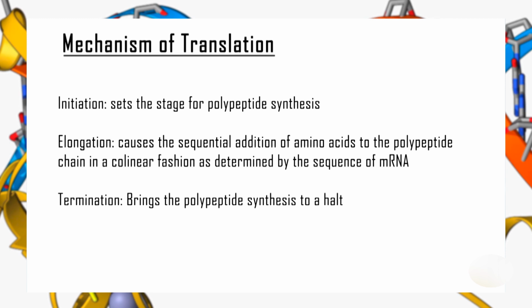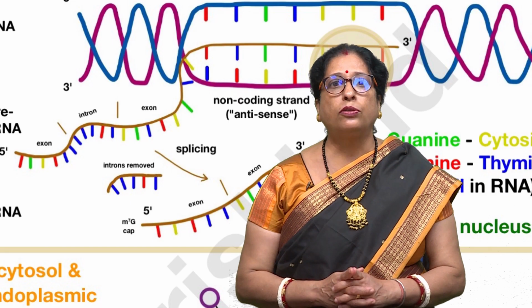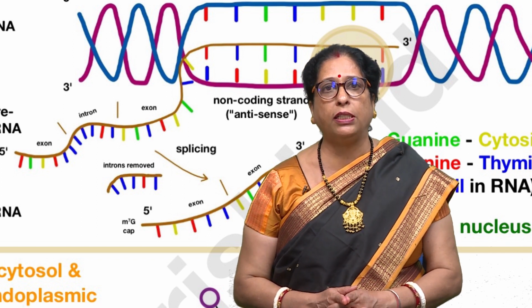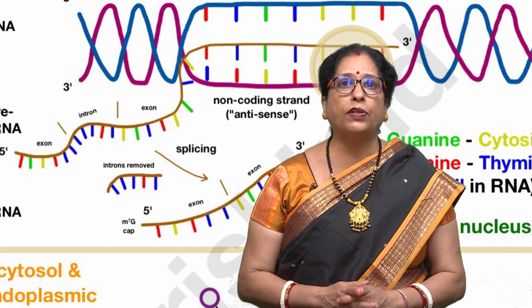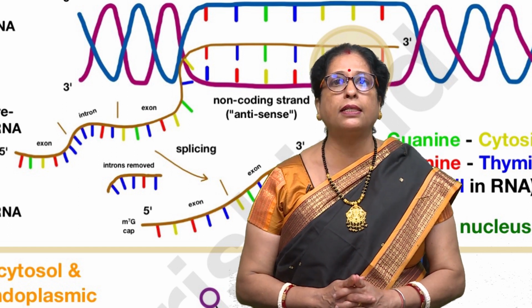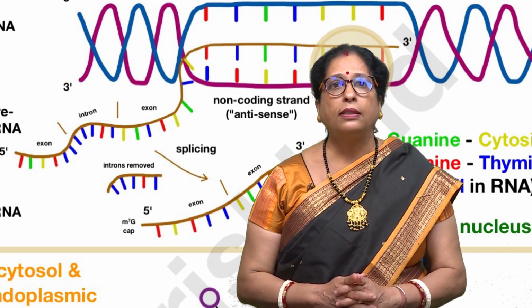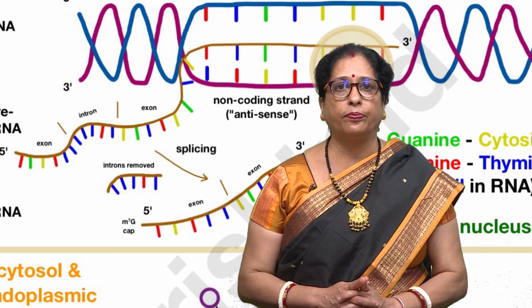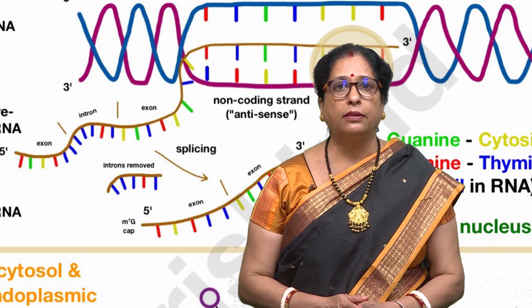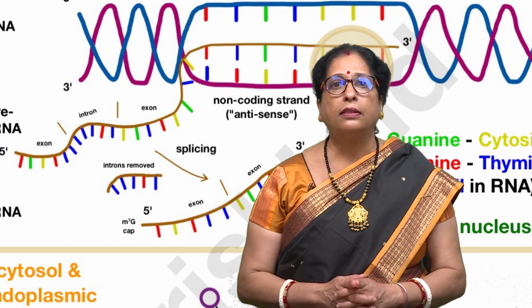And the third step is termination, which brings the polypeptide synthesis to a halt. The initiation codon is an AUG towards the 5 prime end of the messenger RNA molecule being translated, not the first 3 nucleotides. It determines the reading frame.